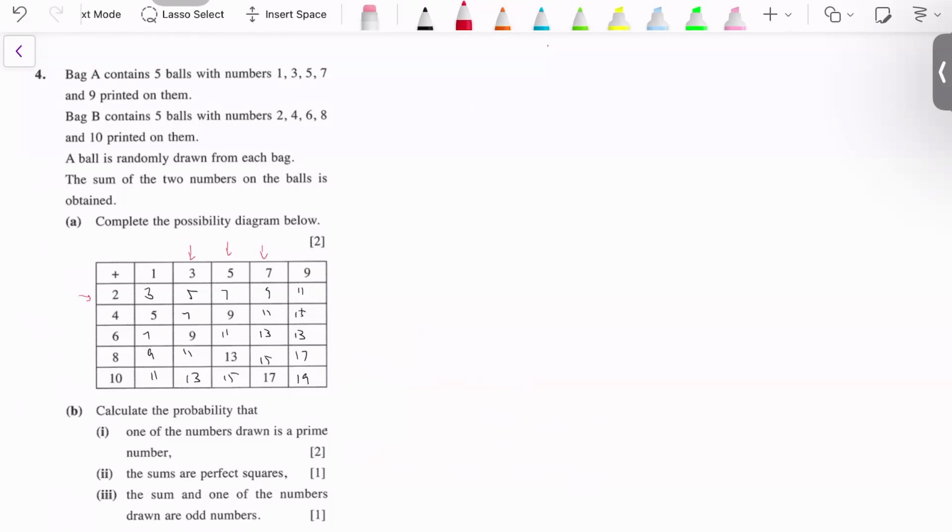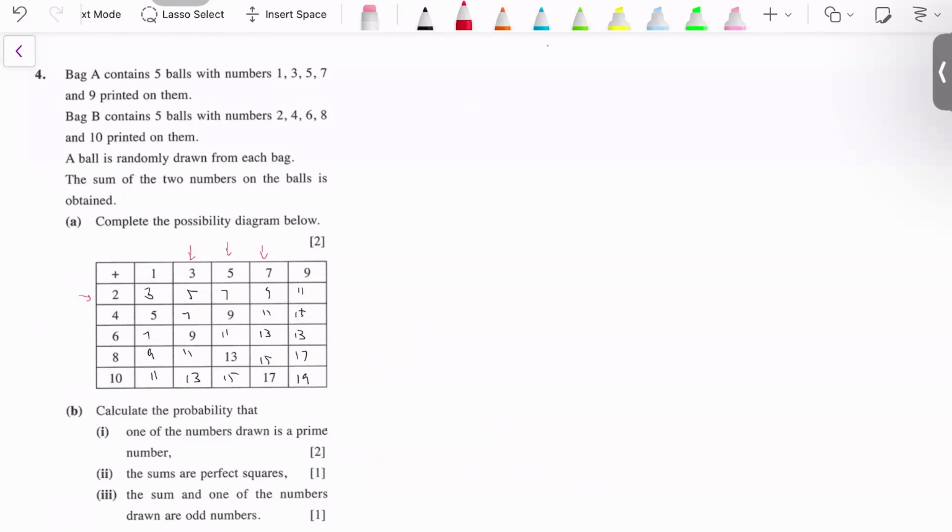So only these four numbers are prime. As long as one of them is a prime number, we need to take the columns for 3, 5, and 7, which gives us a total of 15.